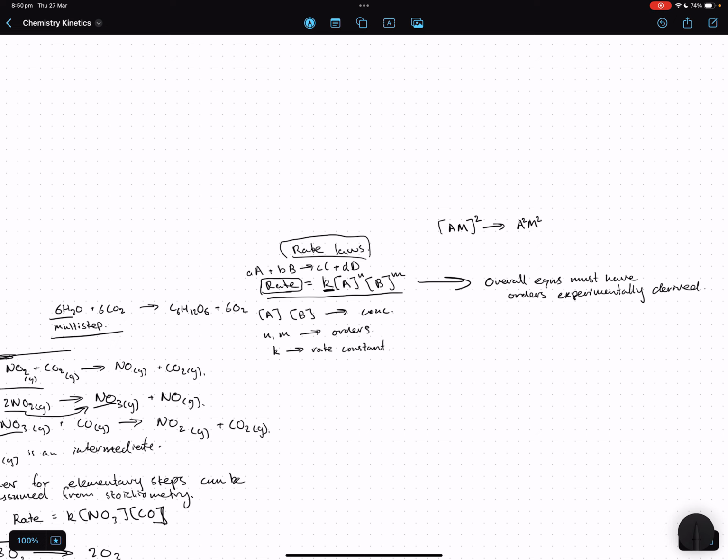There's one other thing that I wanted to mention, which is that when we have a rate law, we assume the concentration changes of gases and aqueous species matter. If we have solids and liquids, their concentration is assumed to be 1.